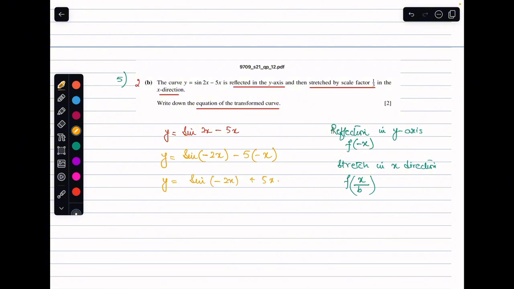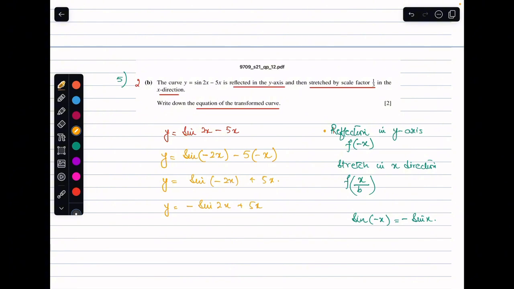Another thing that we know is the identity for sine of minus x, which can be written as minus sine of x. So I can also write this as y equals negative sine 2x plus 5x. So this is for the first transformation, which is reflection in the y-axis.